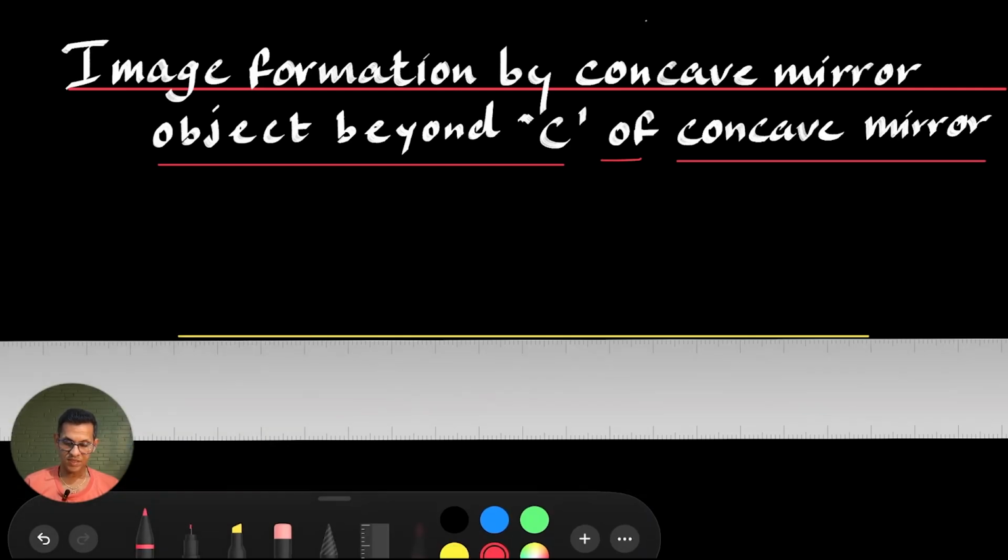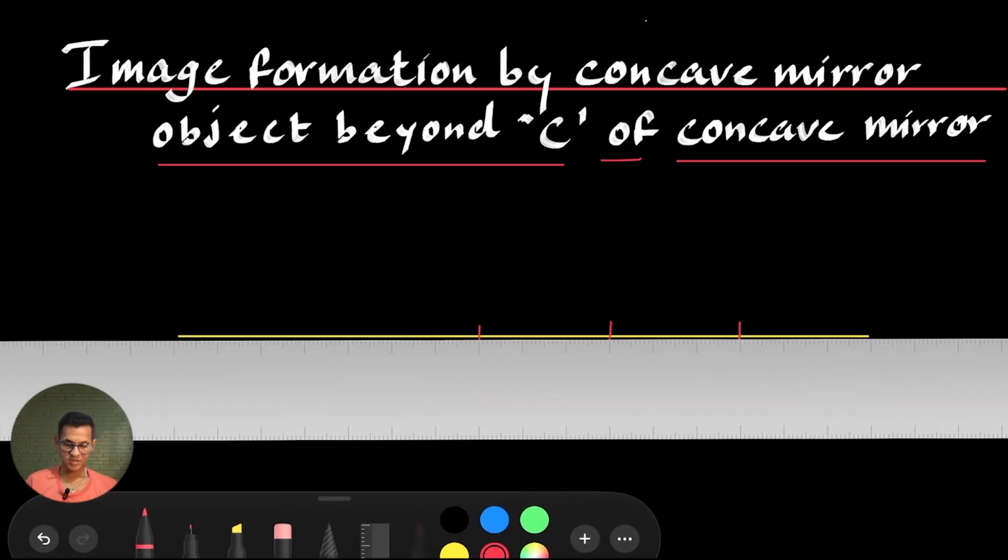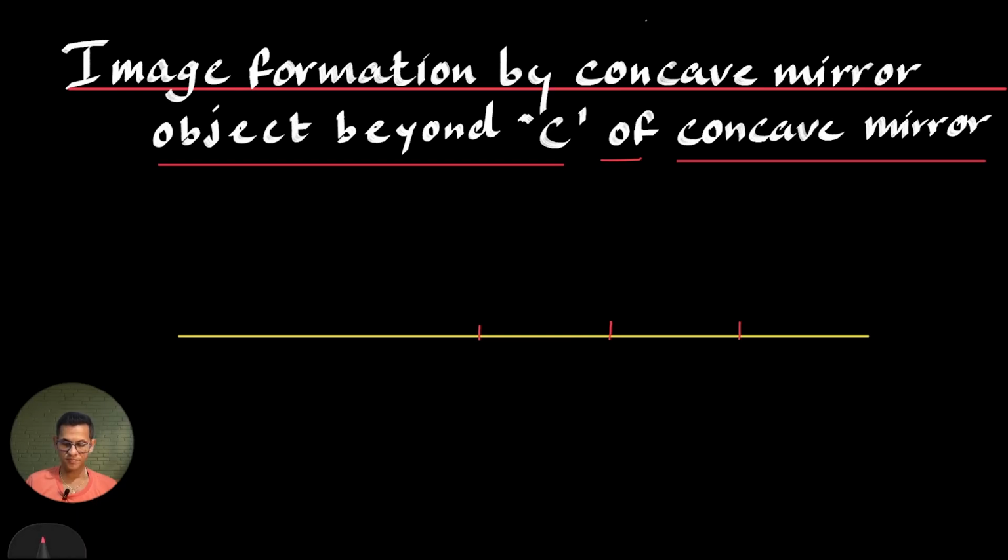You can take 2 centimeters or 3 centimeters depending upon your choice. Now I've taken 3 centimeters as a distance. You can take 2 centimeters depending upon the size of your book.